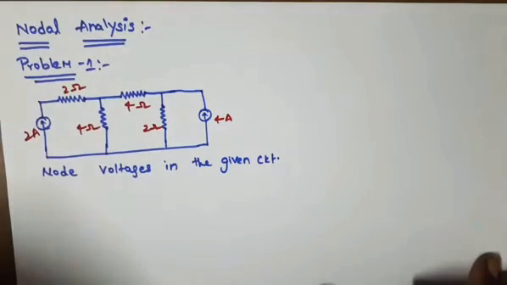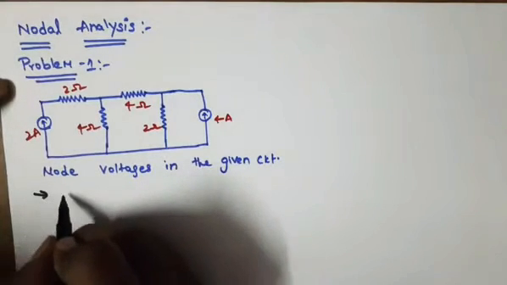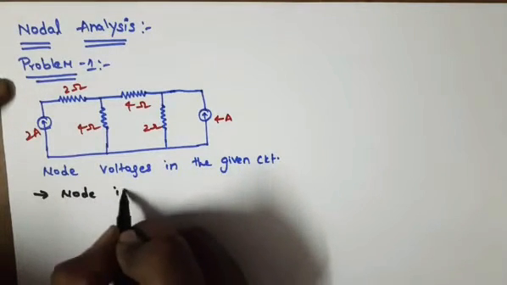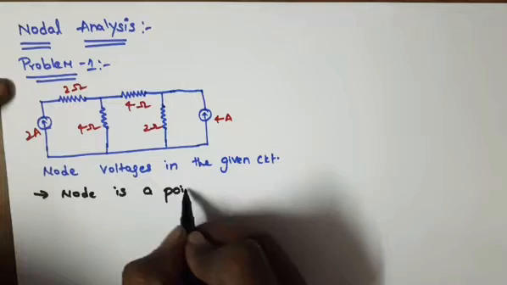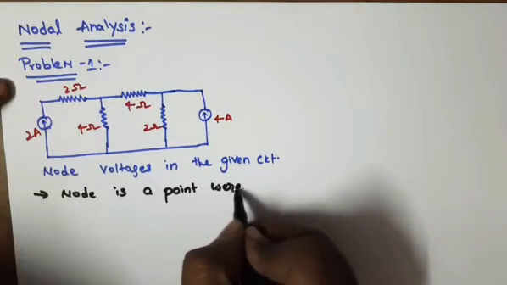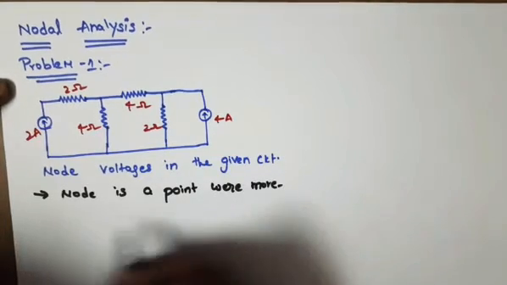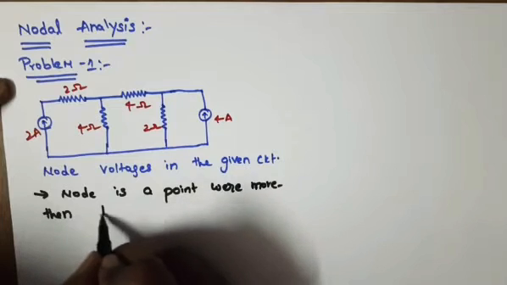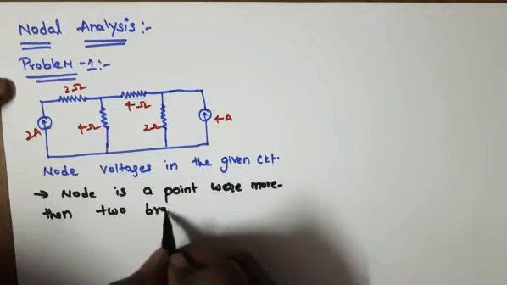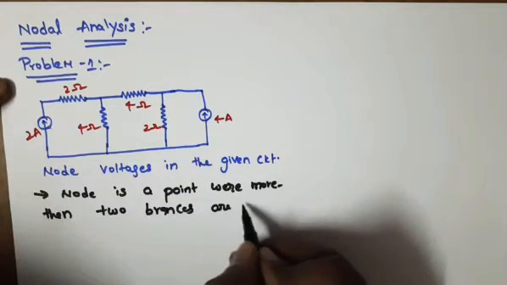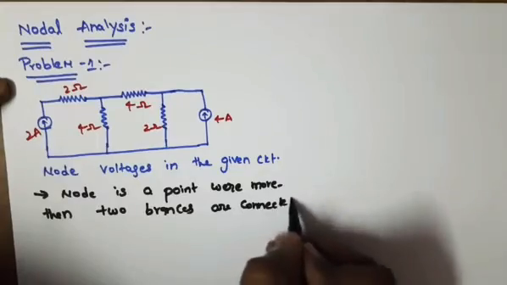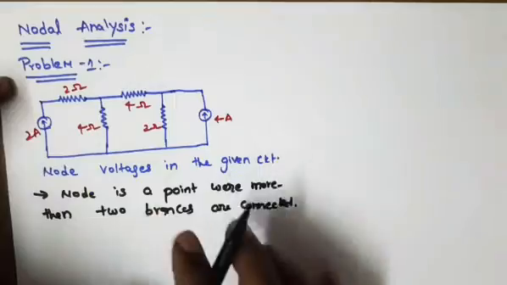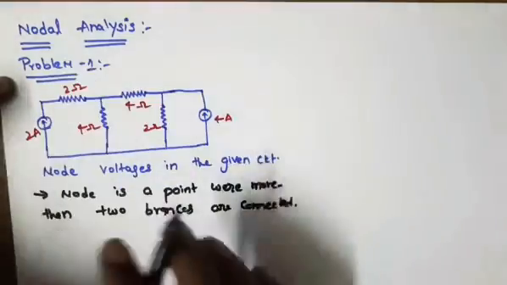Node is a point where more than two branches are connected.